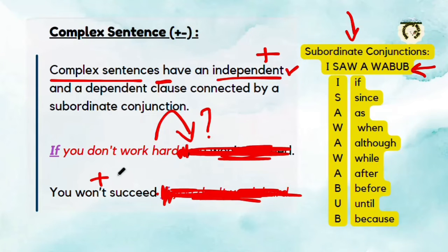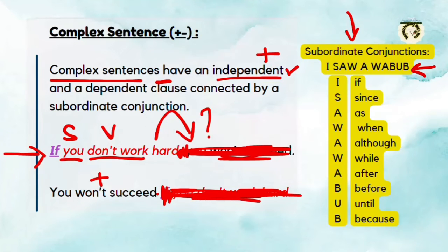Right? So "if you", it's a clause, you can see "you" is a subject, "don't work" is a verb. So clauses have subject and verb, but this clause is not giving the sense of the sentence. It's not an independent sentence. So it is our dependent clause.